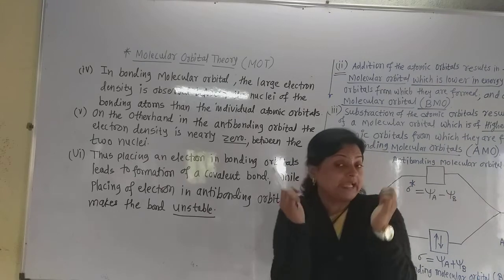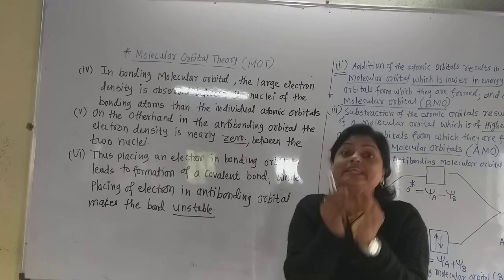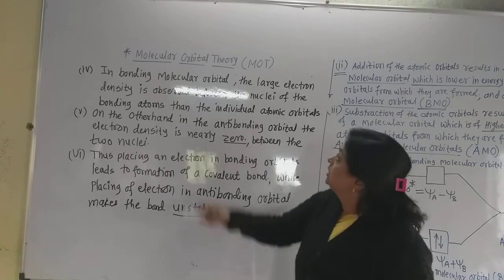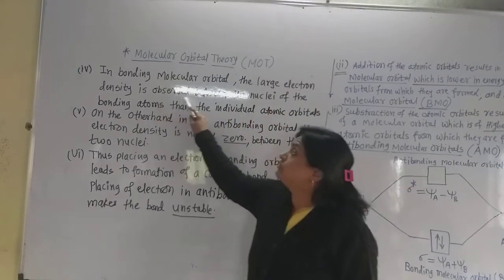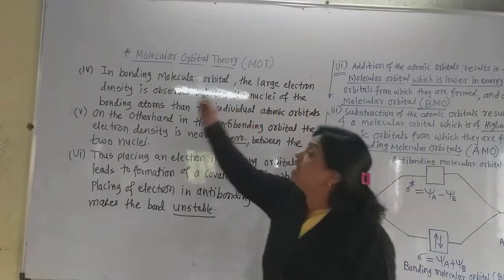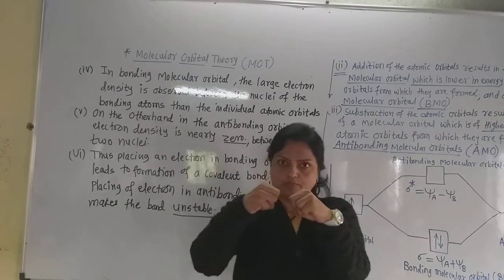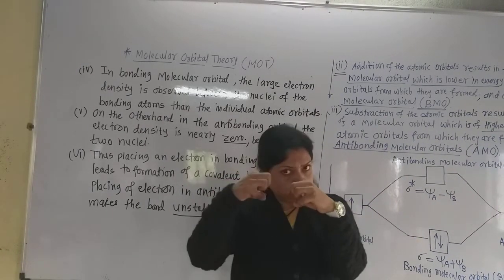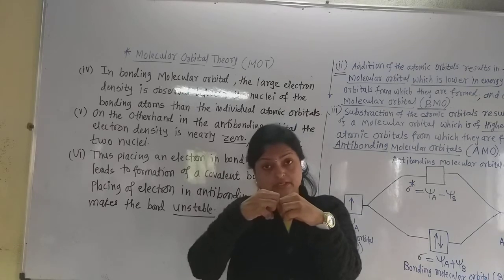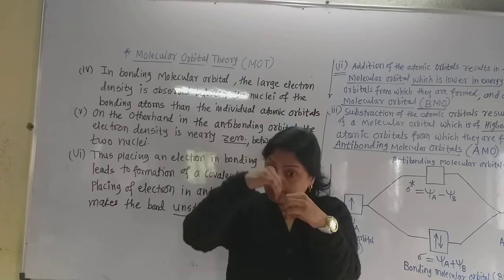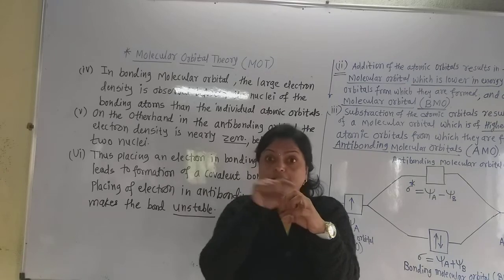Due to that, the density of the electrons increases. There is large electron density between the nuclei of the bonding atoms. Now there are 2 bonding atoms that form the molecular orbital. They come close to each other, and the electron density gathers between the nuclei.